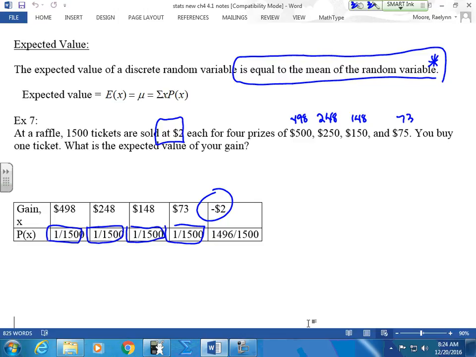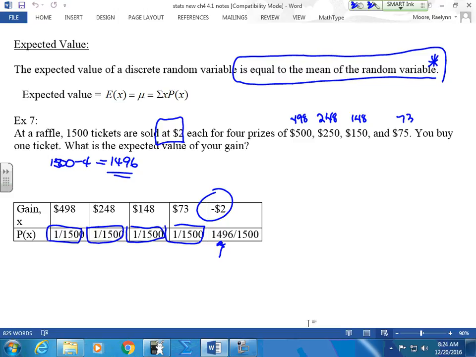So if I take out the 4 possible winners, that's where this number comes from. Because you have 1,500 possible tickets. 4 of them are winners. 1,496 are not winners. They're losers. Okay? So now, how do you figure out expected value?